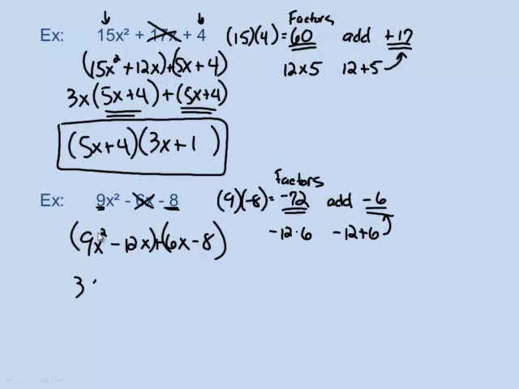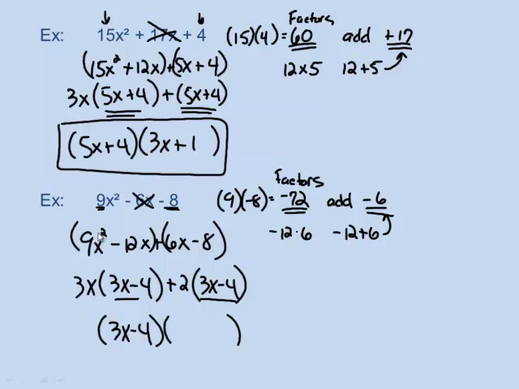Out of this first group, we can pull a 3x out, which leaves us with 3x minus 4. Out of this second group, we can pull out a 2, and that leaves us also with 3x minus 4. Our groups now match, so we can factor out that group, 3x minus 4, and multiply it to the group of what's left, 3x plus 2.